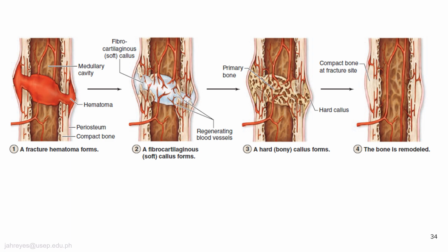Then after that, there will be formation of fibrocartilaginous or bony callus in that area of the hematoma, and then that bony callus will harden or ossify, and then there will be resorption of the hardened callus so that the bone is remodeled. So those are the four major steps of bone remodeling.